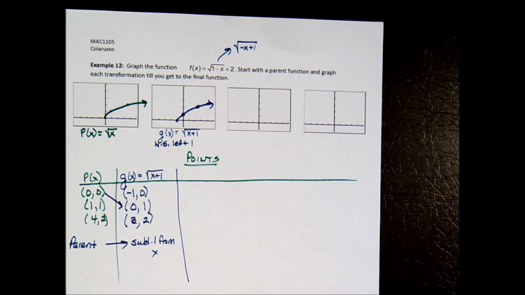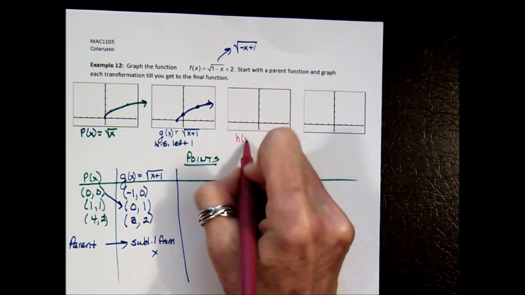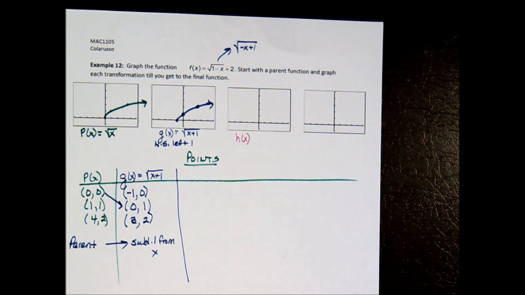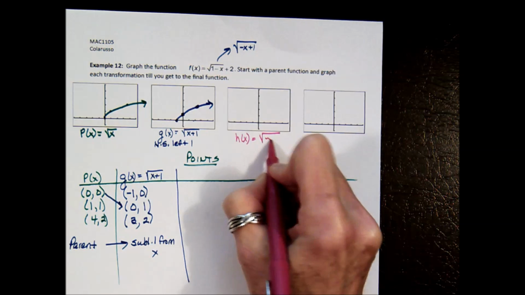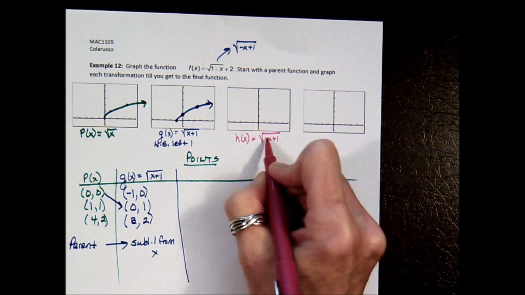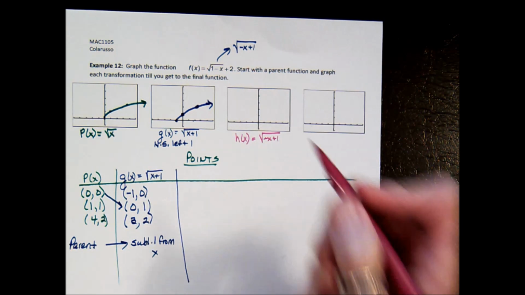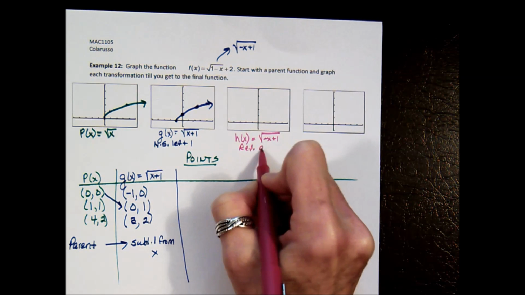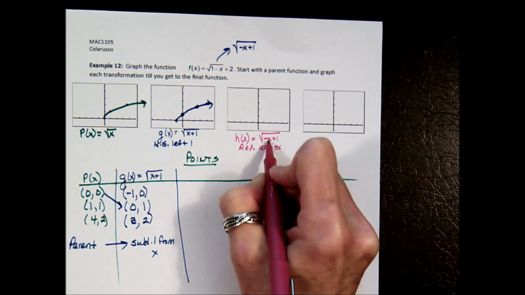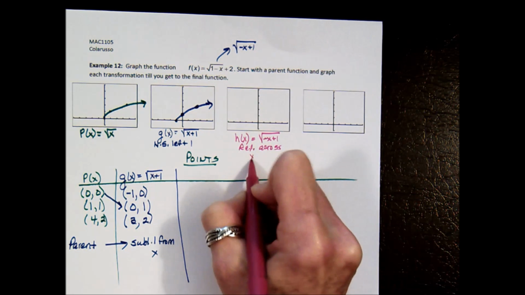All right, from there, let's go to h of x. Now I want to keep what I had, but this time I'm going to turn that x into a negative x. So I'm getting close to what I had. And what that does, putting a negative x in for x, it reflects across the y-axis.